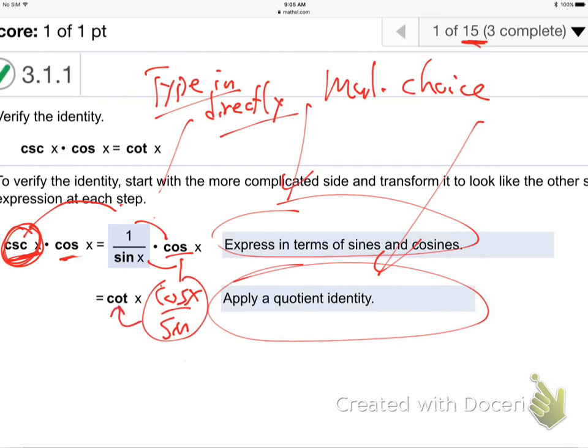So they're just asking you to remember all those identities. You get a 3x5 card on this third exam like on all the exams, so you can write down all the things that are important like that, like the fact that cosecant is 1 over sine, and the fact that cosine over sine is cotangent.